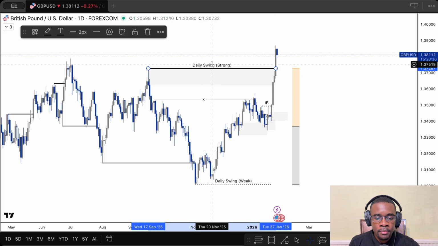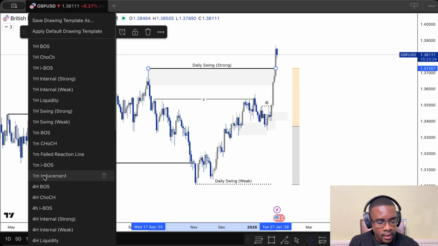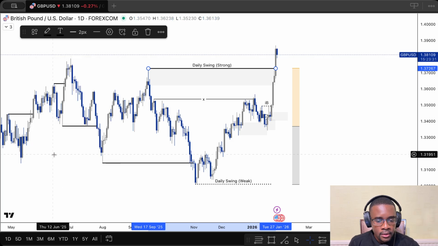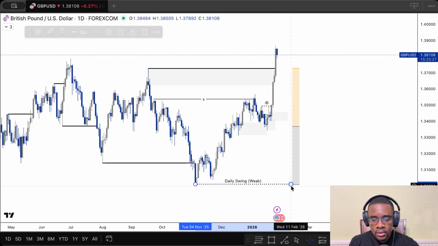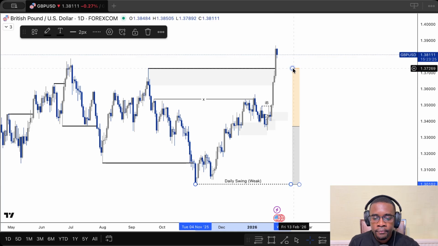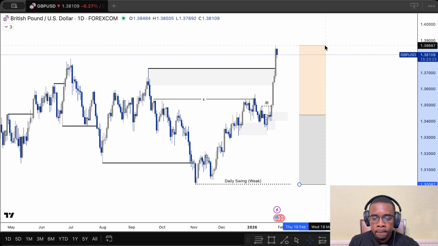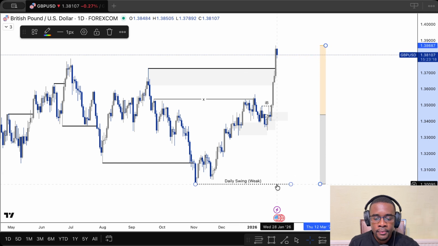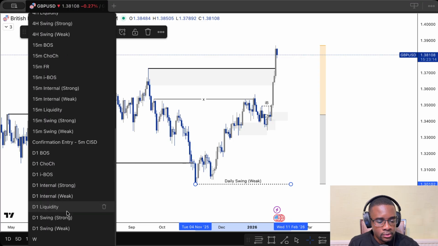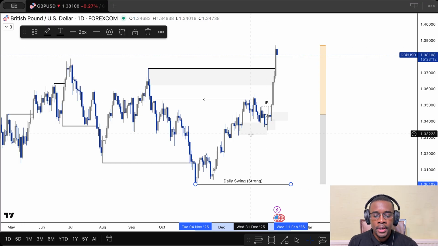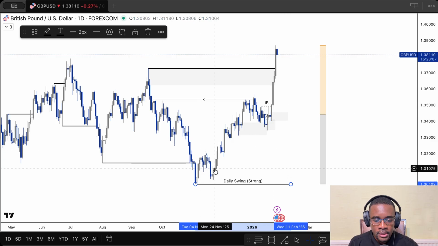So that means this is now our daily break of structure, and that weak swing low is now actually a strong daily swing low.